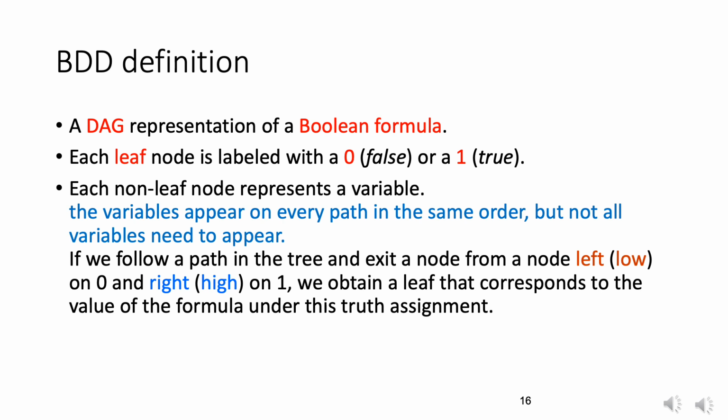And then if we follow that path, we get the value that the function represented by this BDD returns for that assignment. That value is independent of the values of the variables that do not appear in the path, and labels the leaf node of the path.